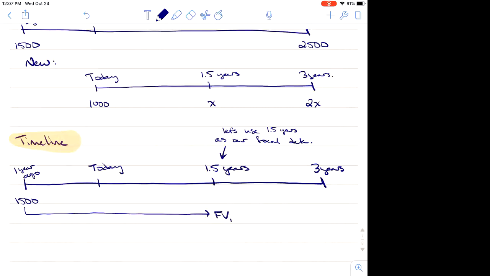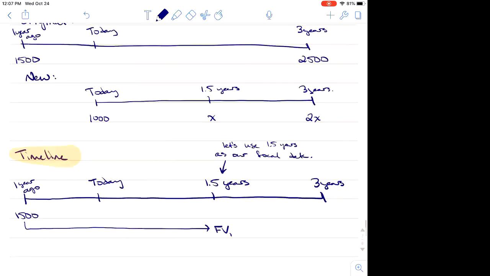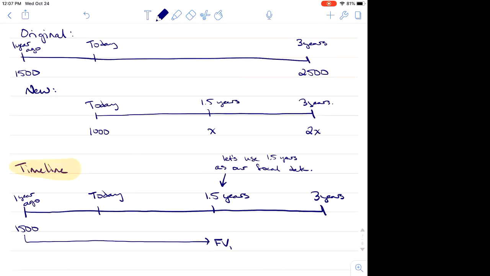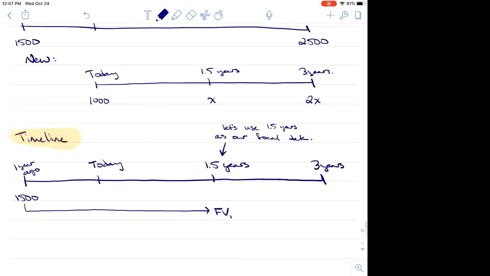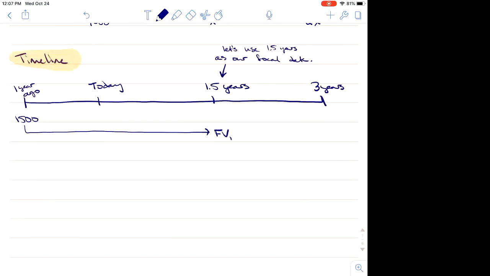But let's get the amounts on here first. And then we were supposed to pay 2,500 at 3 years. So we had 2,500 here. That's getting pulled back to some present value. And that's the second thing we'll calculate.